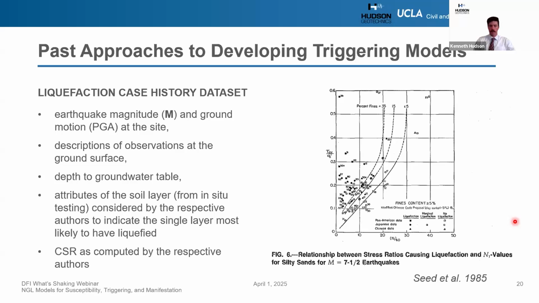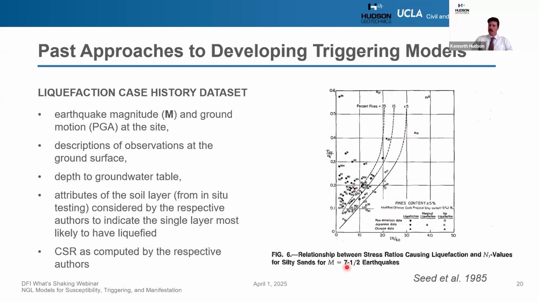What the researchers would do is collect an entire CPT or an entire boring, but then just identify the one layer that they believe was responsible for all the liquefaction effects they see at that site, and look at the tip resistance or the penetration resistance within that layer, such as the N160 value, estimate the cyclic stress ratio within that layer, shown on the y-axis here, and then plot points where you did have liquefaction observed at the ground surface or didn't have it observed at the ground surface.